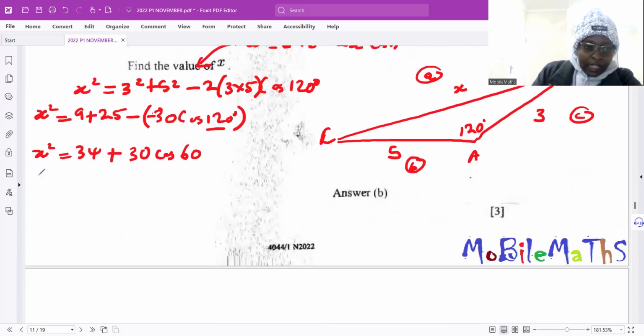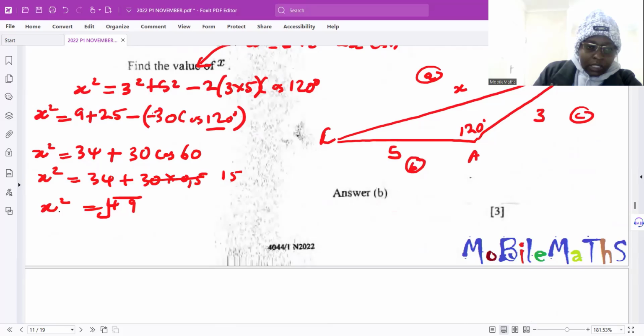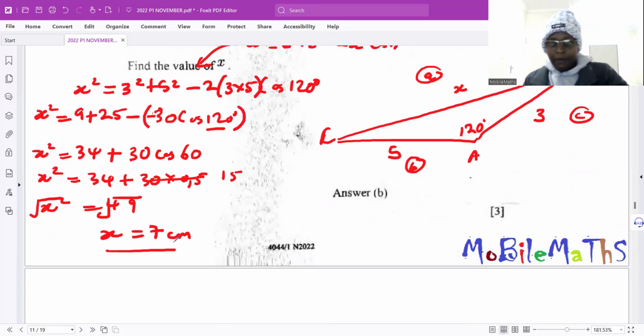So x squared is equal to 34 plus 30 by 0.5, so this will be 15. So x squared is equal to 49. Taking the square root, our x value is equal to 7 centimeters. Okay, that's our answer there.